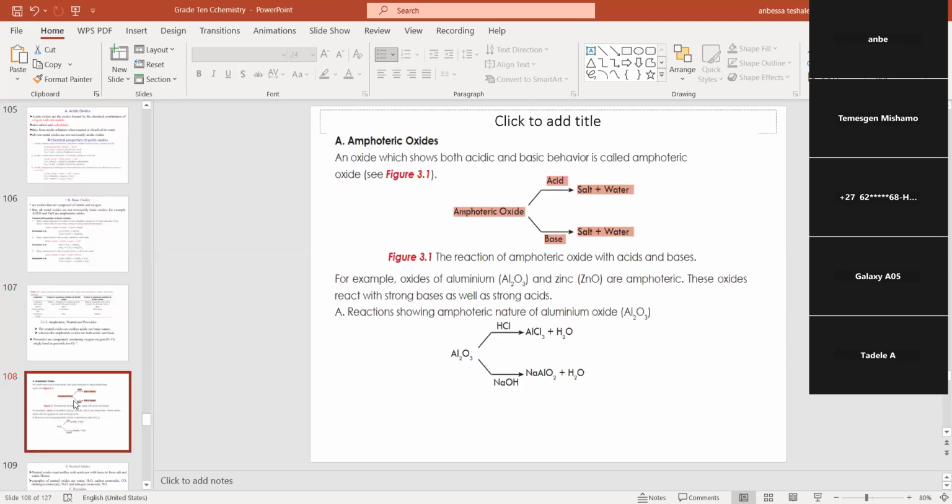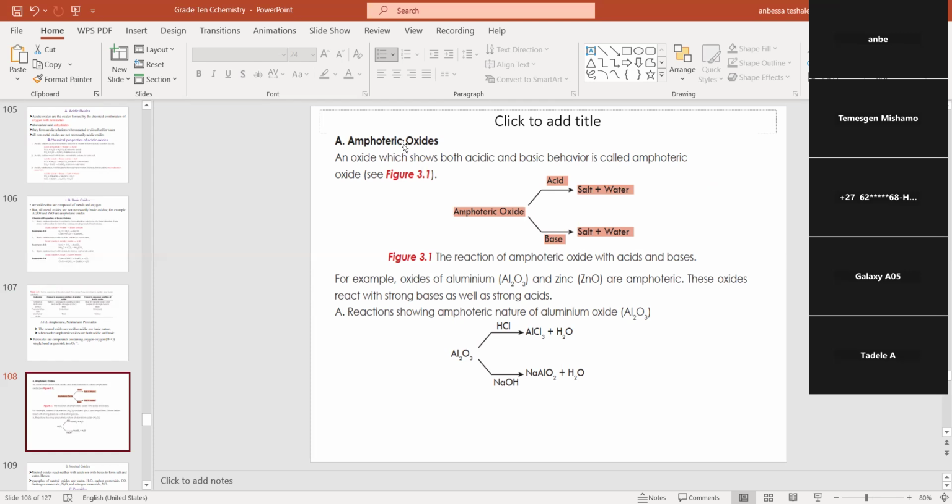So there are a number of examples of a peroxide. Hydrogen peroxide is one of the common peroxides that is used as a strong oxidizing agent.